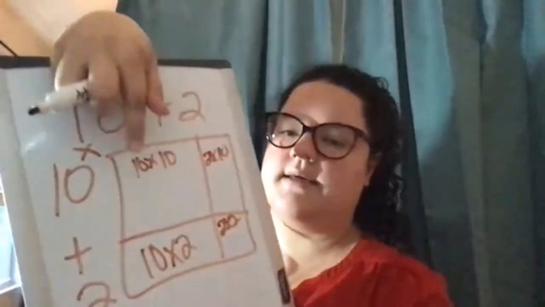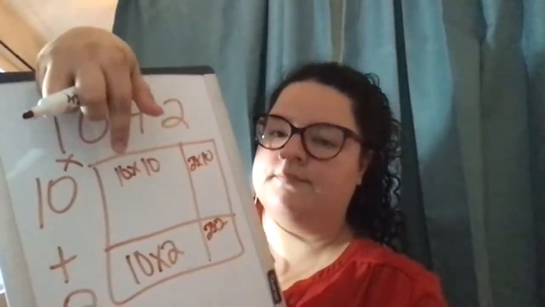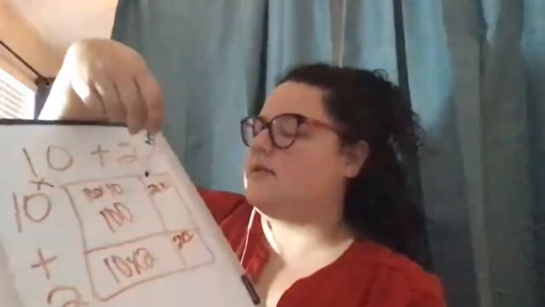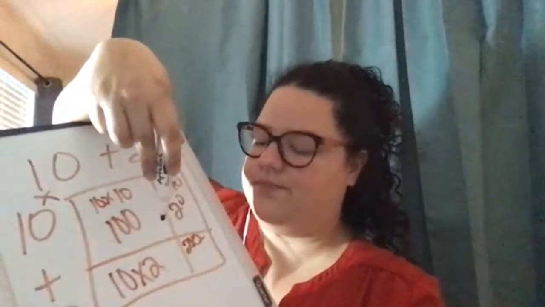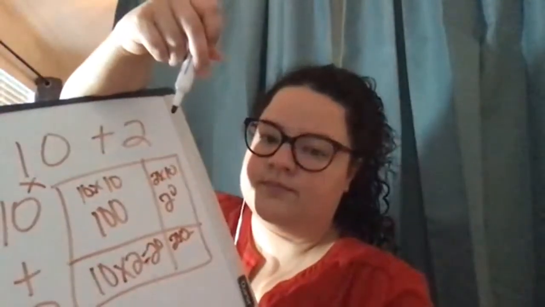What is our 10 times 10? 100. What is our 2 times 10? 20. Our 10 times 2? 20 as well. And then our 2 times 2? 4. Then we're going to add all of those up.